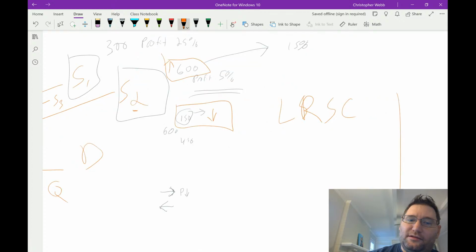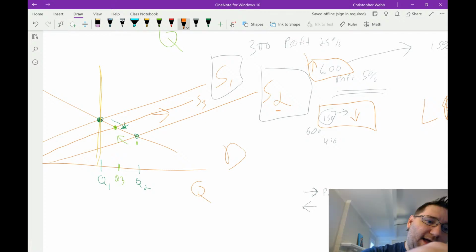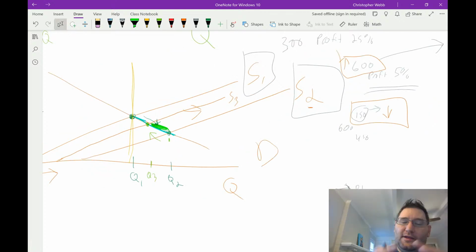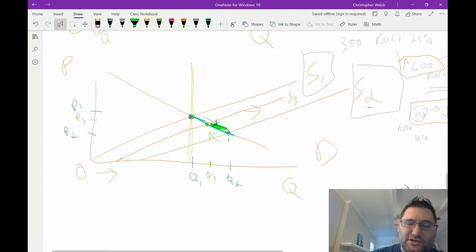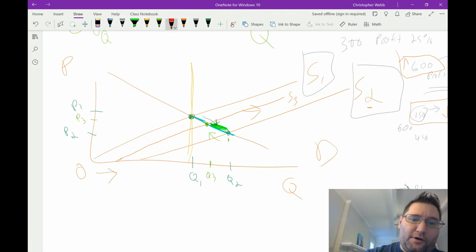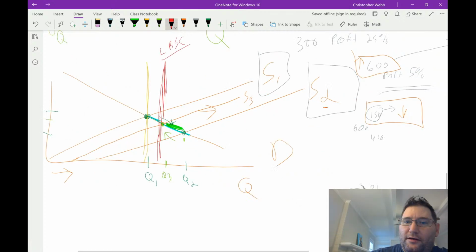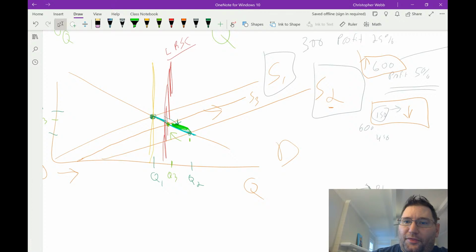Because eventually, even though the price goes outward, in this fake market that we just created, the long run supply curve would probably be somewhere over here. And why is that? Well, because we know that we had 300 Airbnb operators at one time, then we went up to 600, and then we went down to 450.